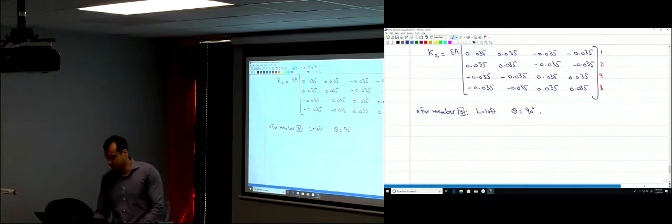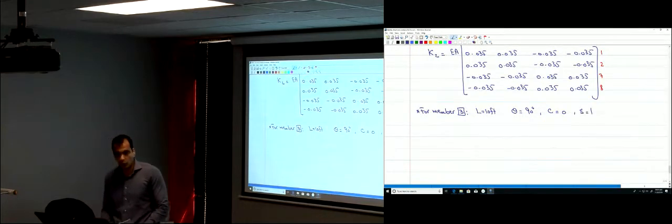So for member 3, L is still 10 feet, theta is 90 degrees. If theta is 90 degrees, how much is C? 0. And how much is S? 1.